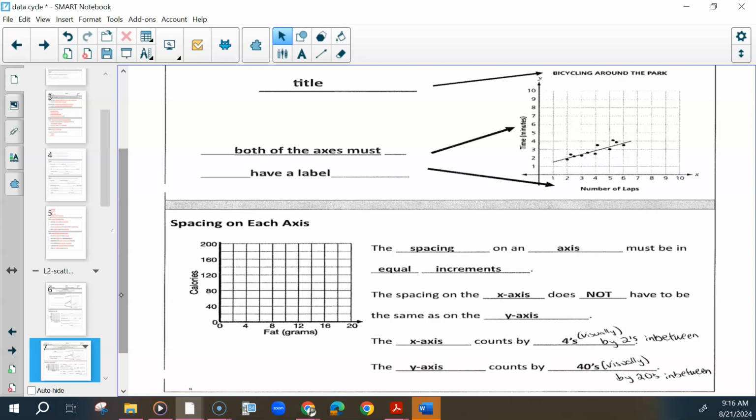But if I count the lines in between, it's actually counting by 2s, which is fine. And on my y-axis, the vertical line, these are visually counting by 40. Those are the numbers I see. In between, that would be halfway, so it's counting by 20s. So make sure you know exactly what it's counting by. That way when you create your own scatterplots or work with data on scatterplots, you know exactly where to plot points.